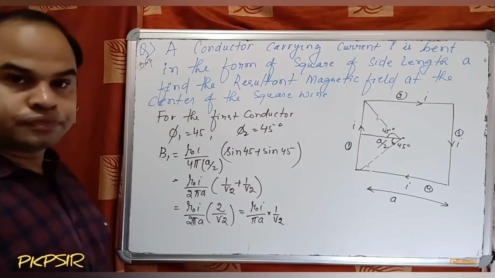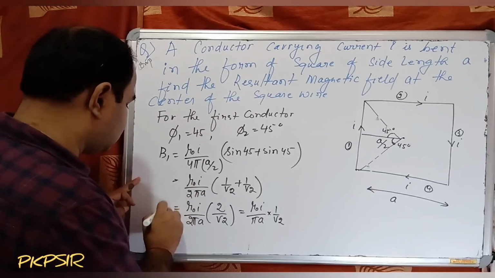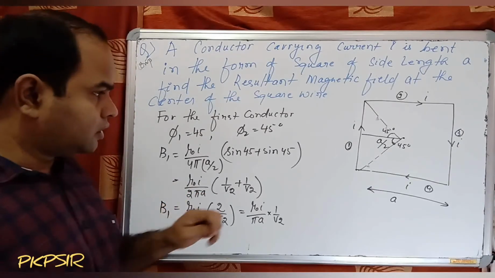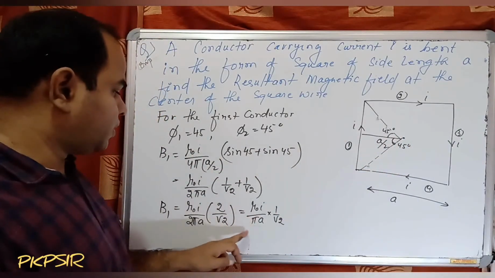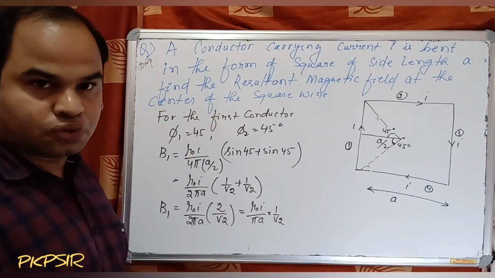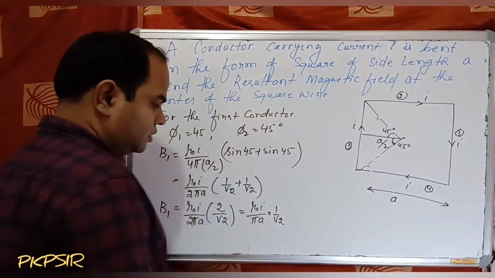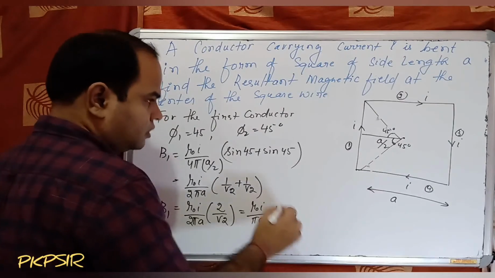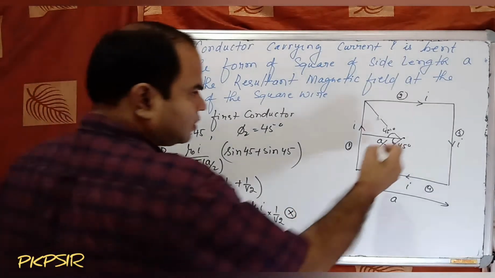So the magnetic field due to the first conductor at the center is mu naught I by pi A into 1 by root 2. What will be the direction? That is inward.